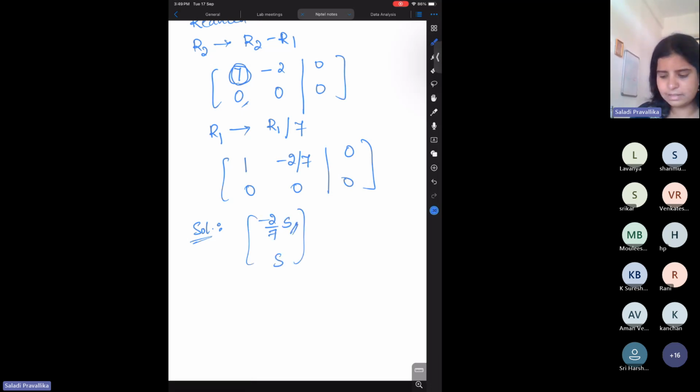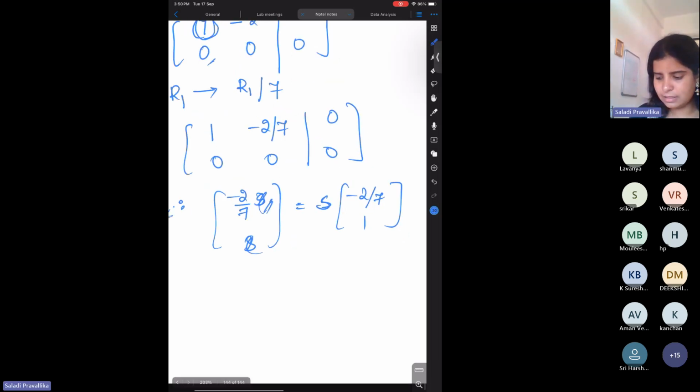This s can be anything, it's basically like x, or you can just write x. So for any value of s, these are going to be the vectors.